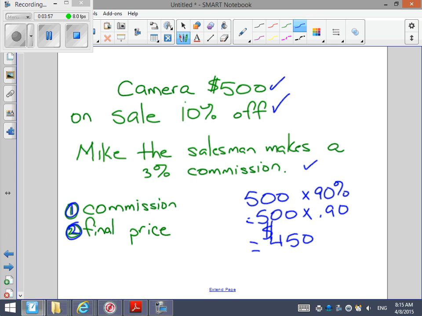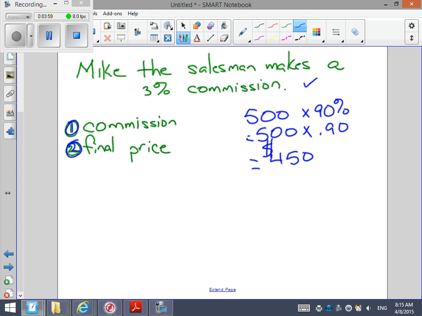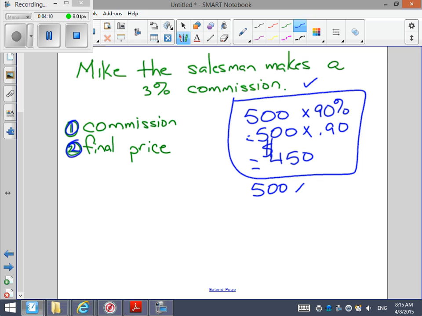Now this is a way to do it in one step. It's a little more theoretical than the way we first learned, but it's kind of the way I would like to see you go. It's smarter math. The way we originally started, however, was to take that $500 and multiply it by the amount that is taken off, which is 10%. 500 multiplied by 10% as a decimal would be decimal 10, and that would be $50. $50 represents the amount of money off.